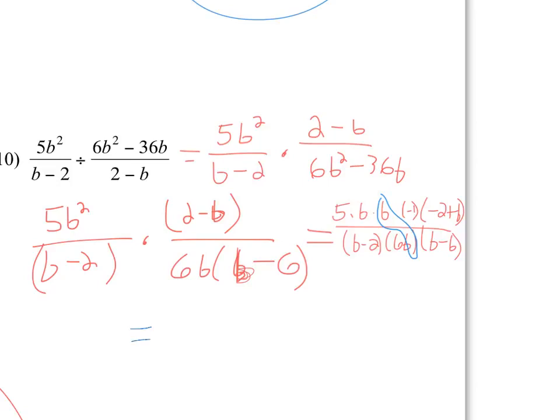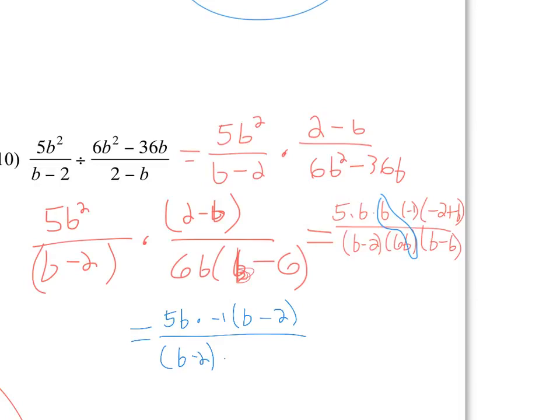So this is equivalent to 5b times negative 1 times b minus 2. Excuse me, it's b minus 2. I just reordered them, all over b minus 2. Oh, look at that. That's going to cancel out.